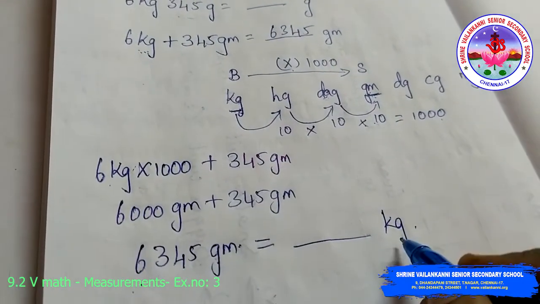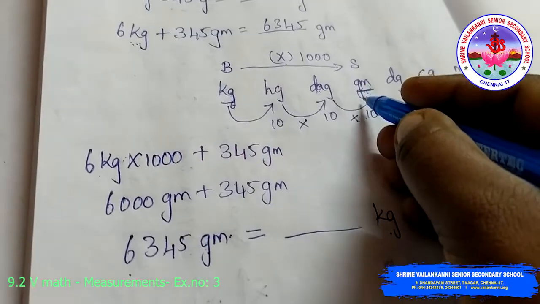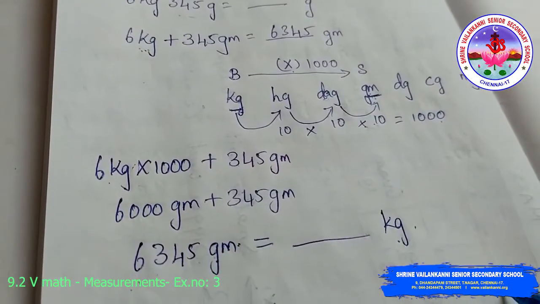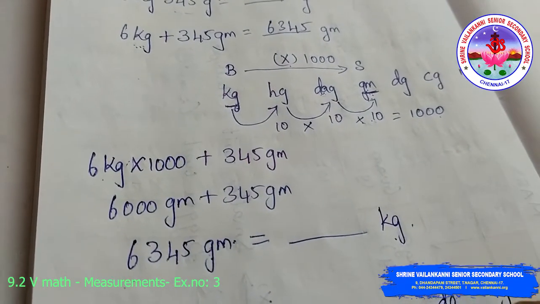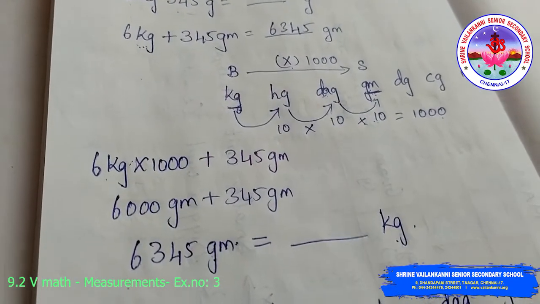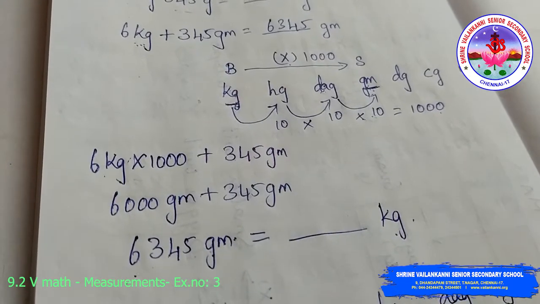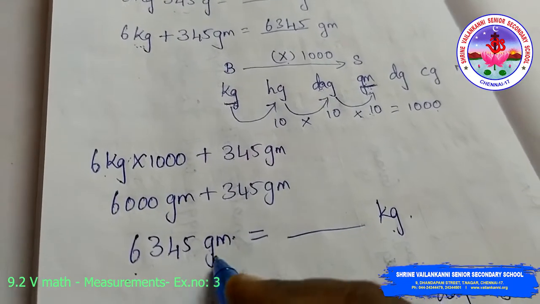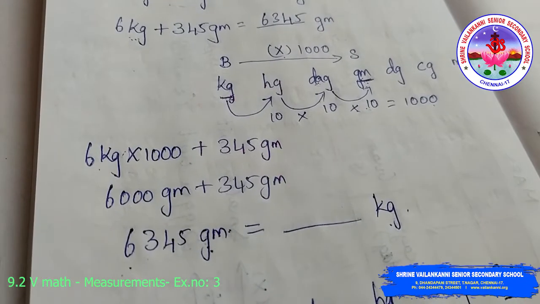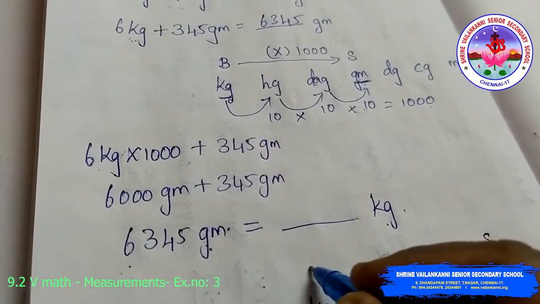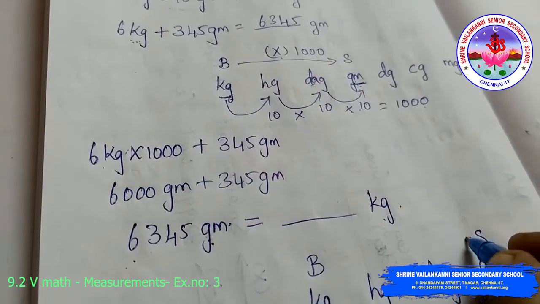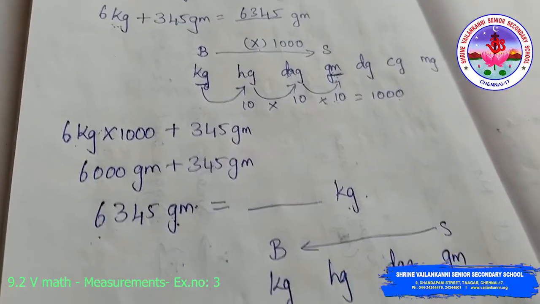So gram to kilogram. Again I am writing the units: gram, decagram, hectogram, kilogram. So from gram to kilogram. Comparing these two units, this is small and this is big. So from small to big we are going to convert.